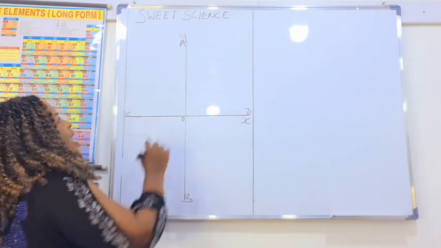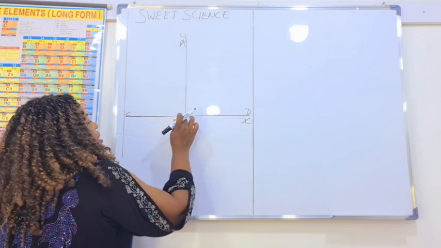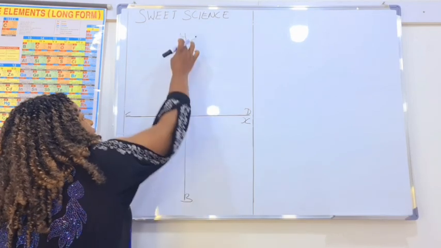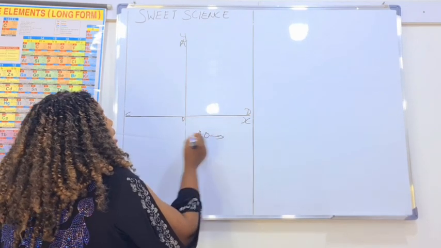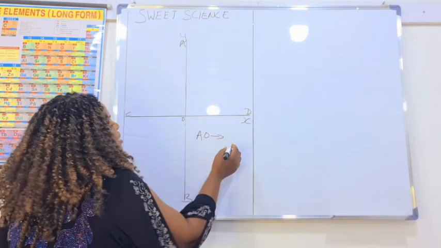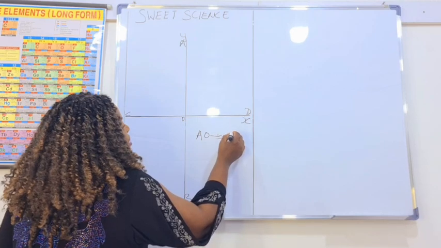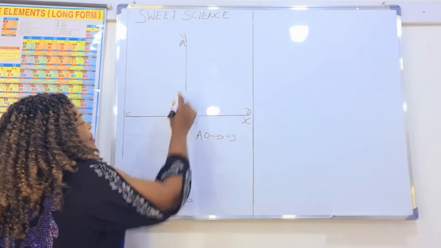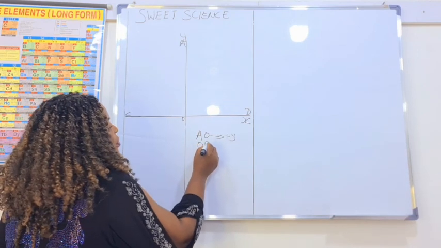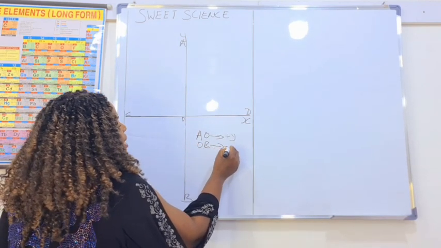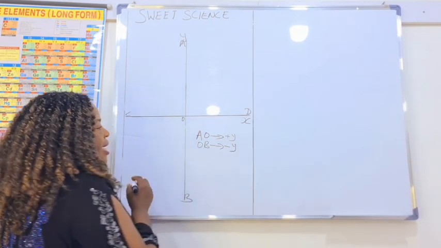We now have line AO, which is our positive y-axis, and OB is our negative y-axis.